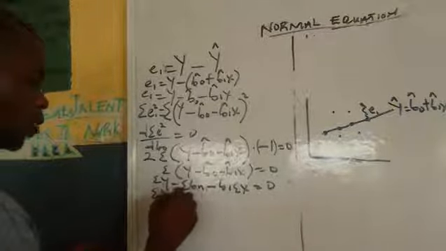Now we differentiate with respect to b1, and we equate to 0. When we take the derivative with respect to b1, the 2 will come down like before.